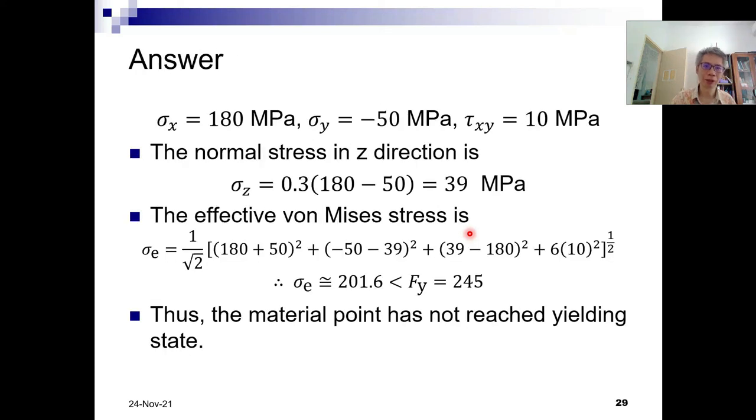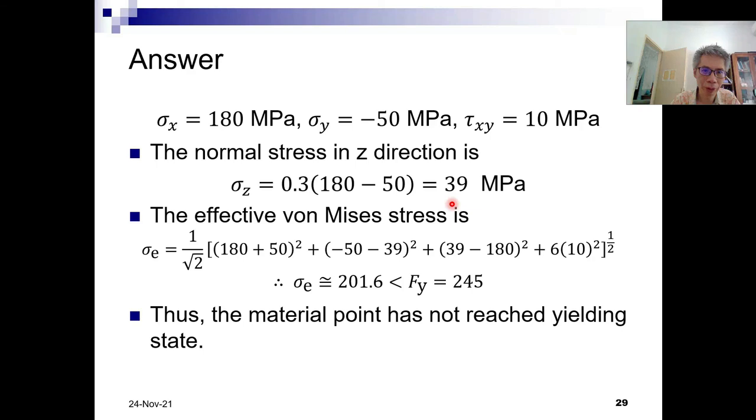Okay, so this is the answer. First, we know that this is plane strain, so we need to compute the third component, sigma z. This is the Poisson ratio times the sum of sigma x and sigma y. That's sigma z in plane strain condition, right? It's 39 megapascal.